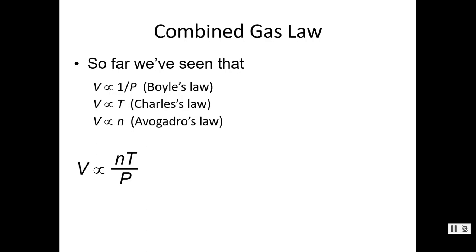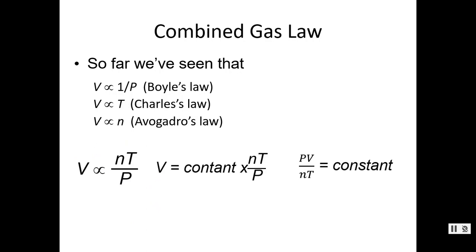Those expressions, since they all have a volume in common, can be grouped into one expression, which is what's done down here. That directly proportional sign can be replaced by an equal sign if we do a little bit of algebra with some constants, which is what I've shown here.